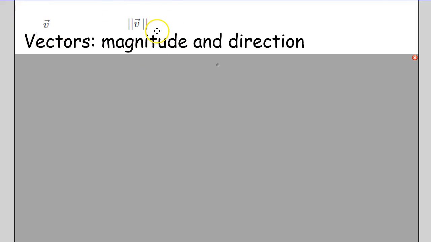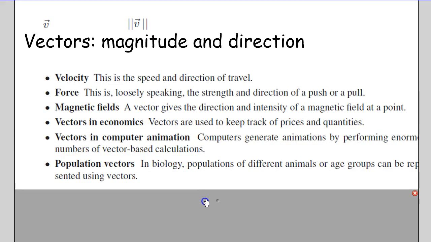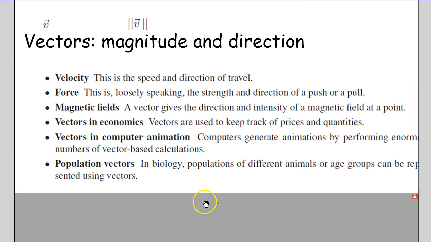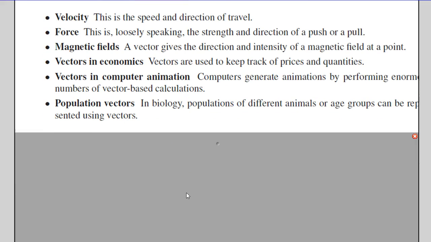And here's the notation for the length of the vector, which is called the magnitude. And we can also use an angle to represent the direction if it's not a north, south, east, west direction. And here are the different areas of study where vectors are used. So it's not just a math or science concept, even though all areas of math and science can use vectors.